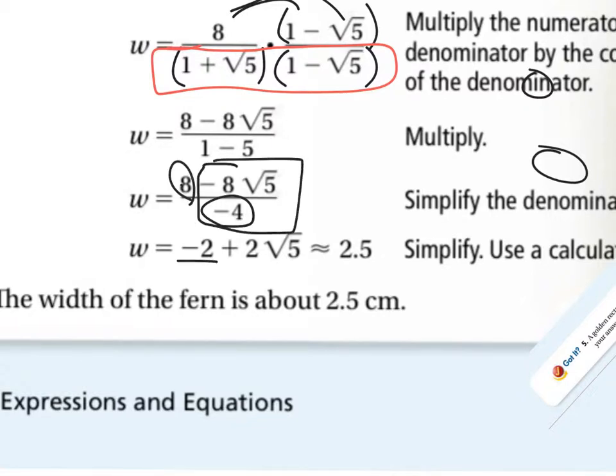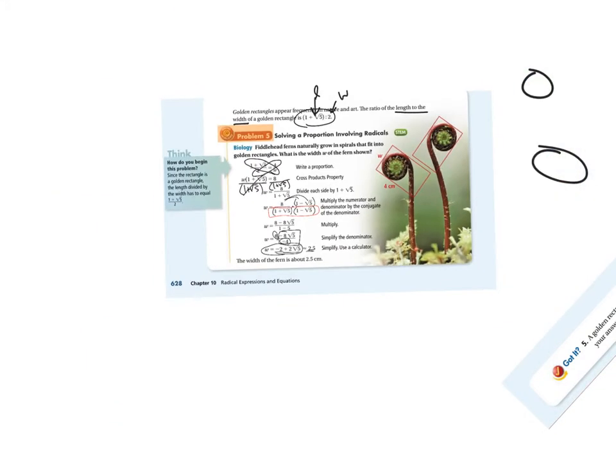And then if you divide these, a negative divided by a negative would be a positive. And then when you simplify this, you get about 2.5. So that would be about 2.5 centimeters. Again, it didn't come out exactly, so they probably should have told us how to round that, but that would be an approximation for that one.